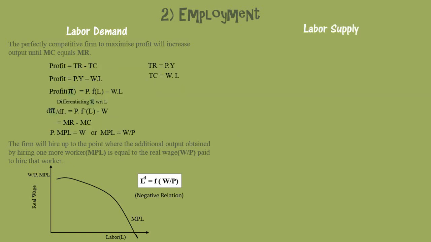Now let us study how individual workers supply labor in the economy. The supply of labor depends upon their preferences between leisure and consumption. Consider, for example, one individual who allocates his 24-hour period between leisure and working.